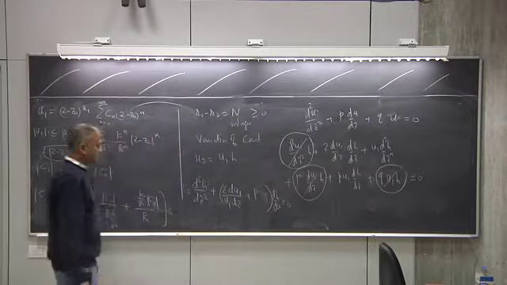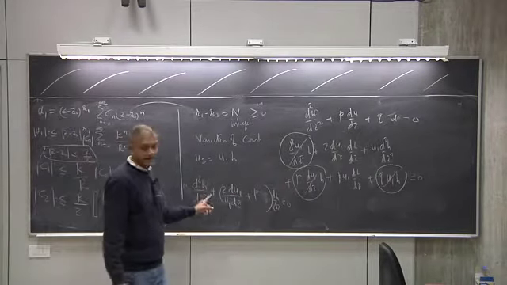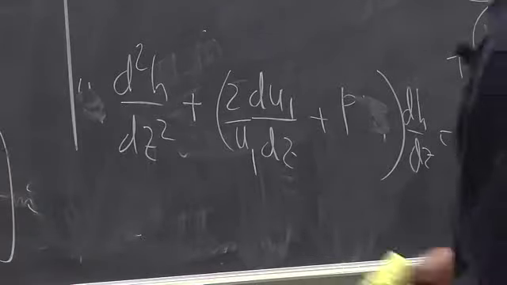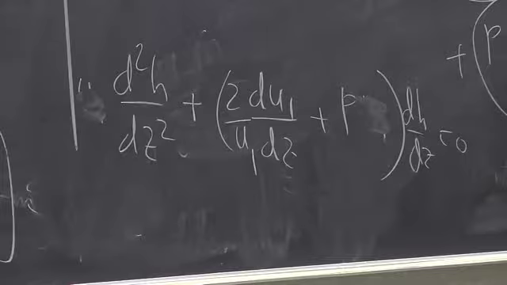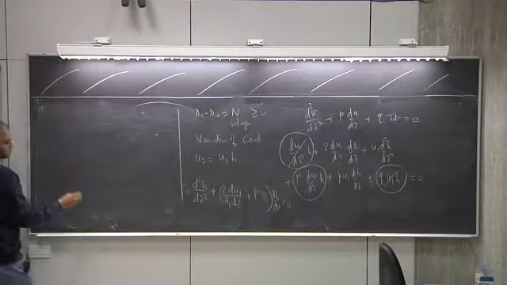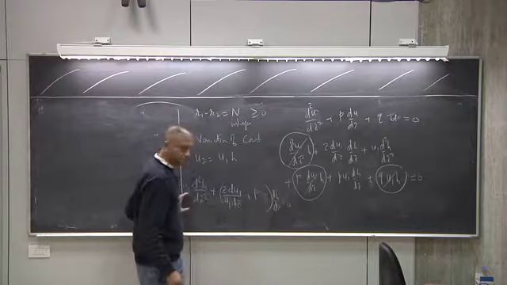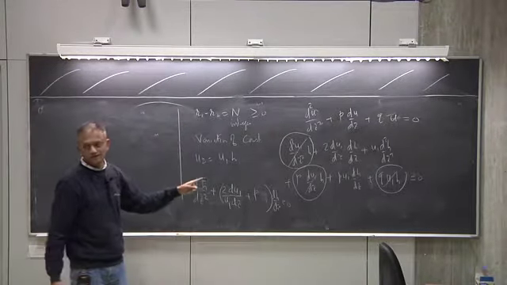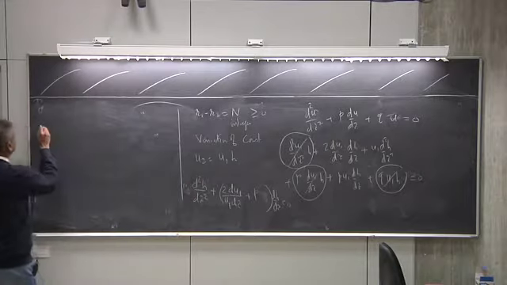Okay. So now we have just a differential equation for dh/dz. So let's just do it step by step. I can divide by dh/dz, right? Then this is simply d/dz of log dh/dz.